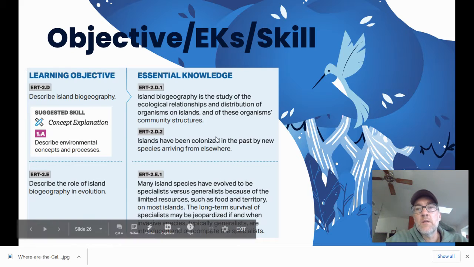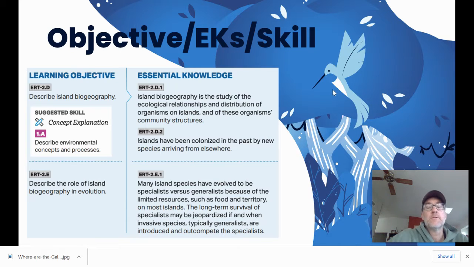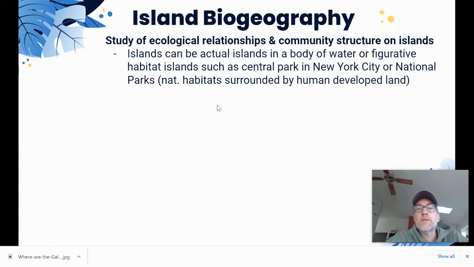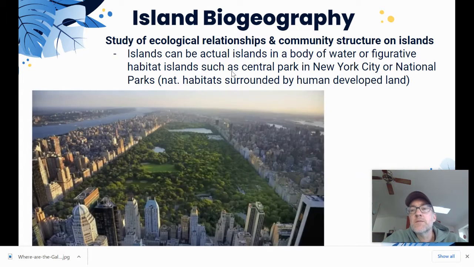And also, we're going to learn that islands aren't always specifically islands out in the ocean, and they can be isolated habitats. Okay, so what is this? The study of ecological relationships and community structures on islands. So again, they could be actual islands out in the ocean, or they can include places like Central Park. Pretty cool place if you've never been.